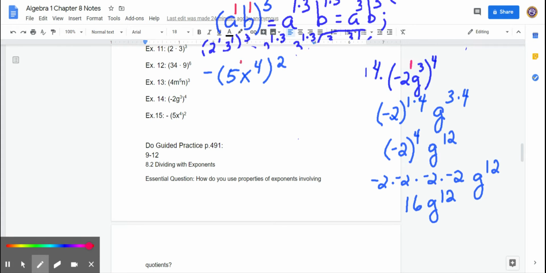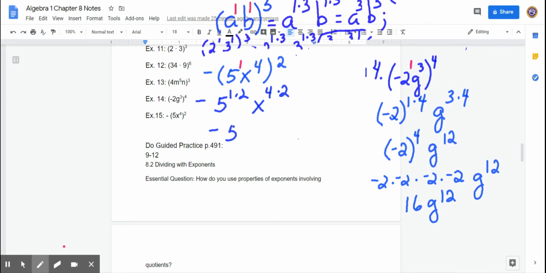We have to remember that there's a 1 on that 5. So we're going to just bring this negative along, it stays on the outside. And then it's 5 to the 1 times 2, x to the 4 times 2. So that's the opposite of 5 squared, x to the 8th. 5 squared is 25, so negative 25 x to the 8th power.